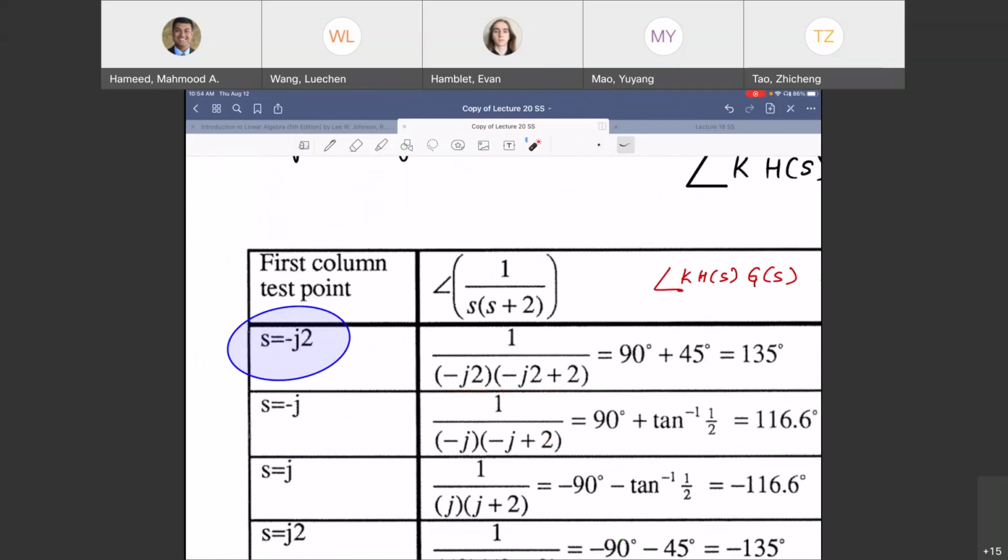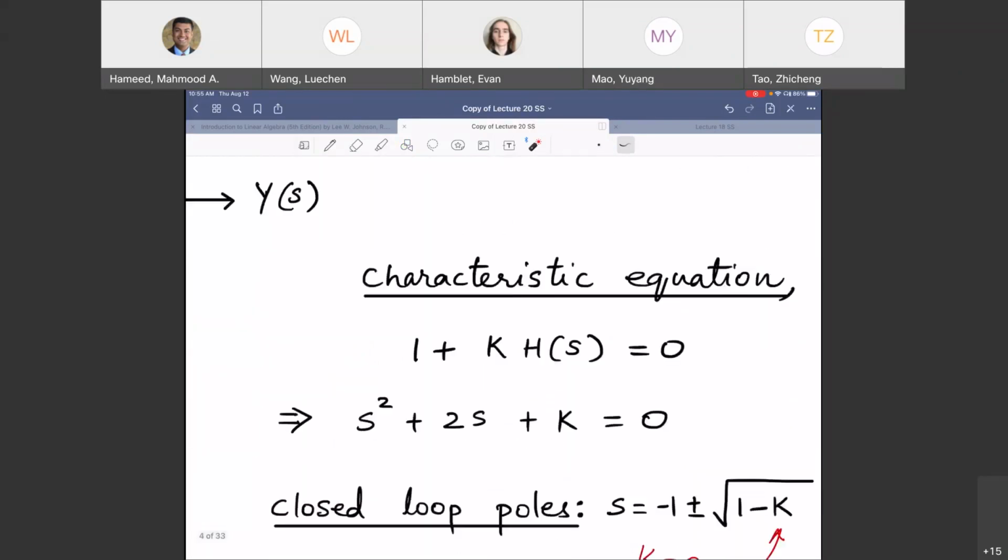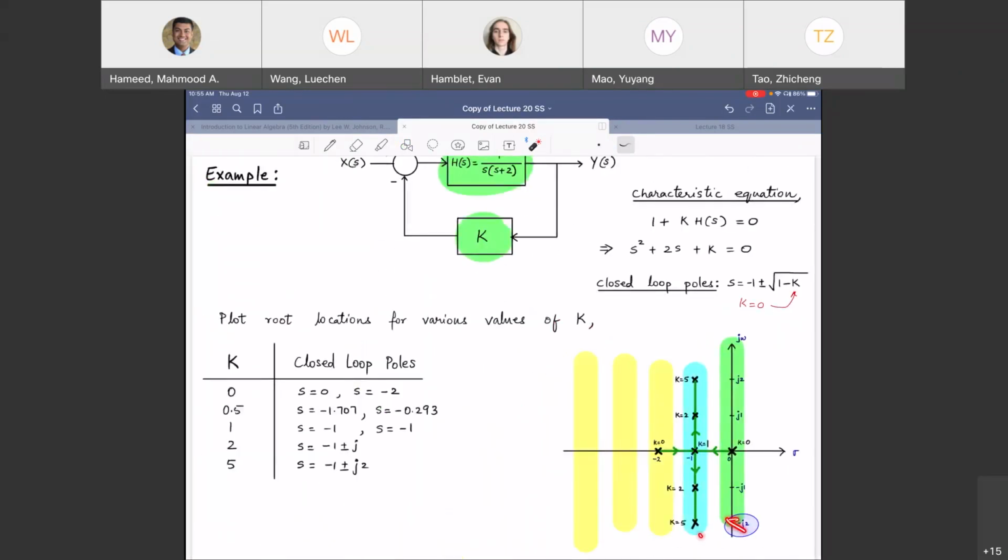Multiply, find the angle of that complex number. You will see that it will evaluate to 135. Not an odd multiple of pi, which means this failed the angle criteria, which is to say it should not belong to the root locus, and it doesn't. It's not on the root locus, right? Root locus is over here.